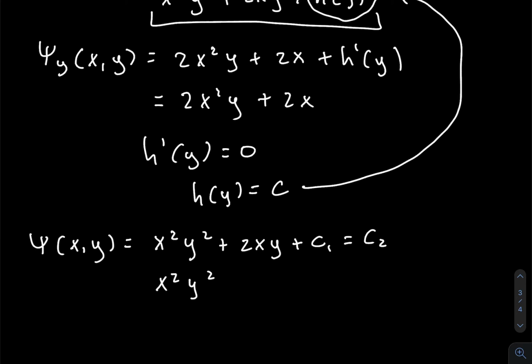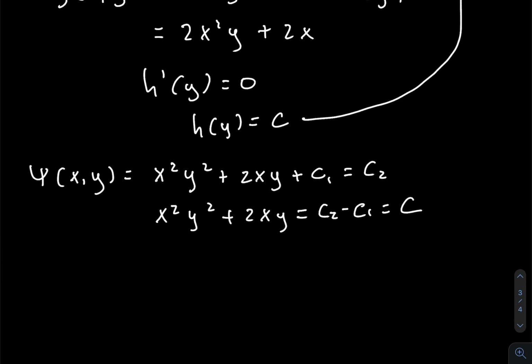So we can do the following. So we can say this is equal to c2 minus c1, but c2 minus c1 is another constant, so that I'm gonna call c. So therefore I have the following. So we have reached the solution of our problem, and that's all we have to do.